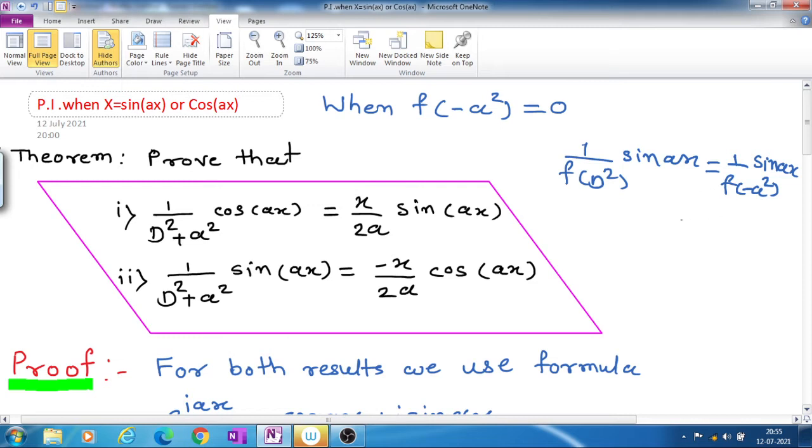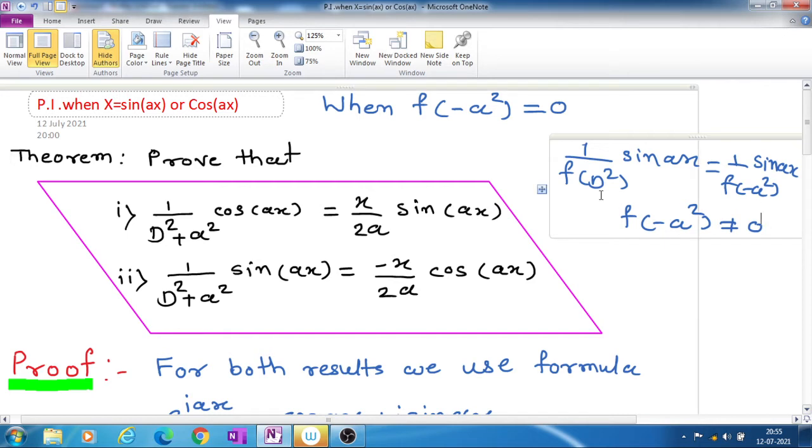But here the condition is that f of minus a square is not equal to 0. When f of minus a square is not equal to 0, then to find the value of 1 upon f(D square) sin ax, we put D square equal to minus a square.